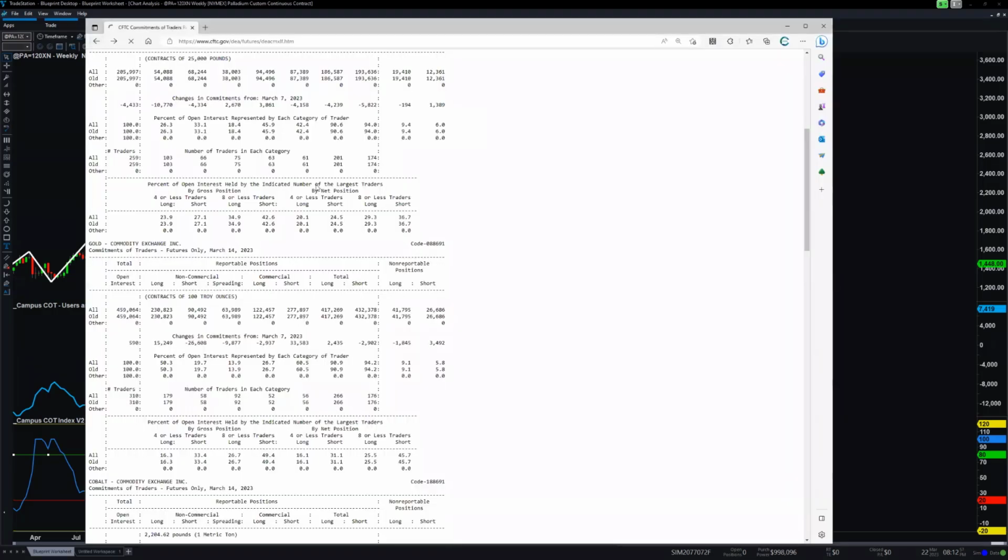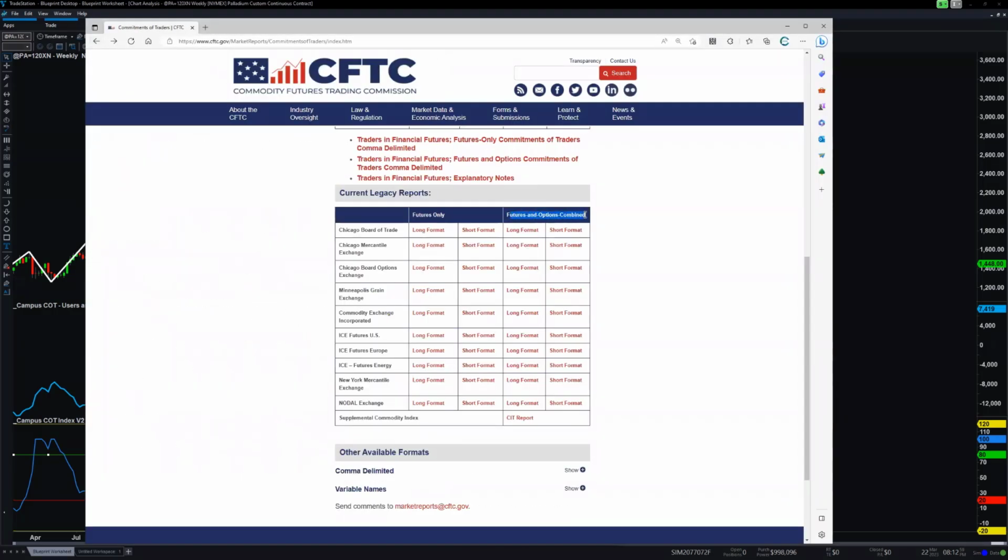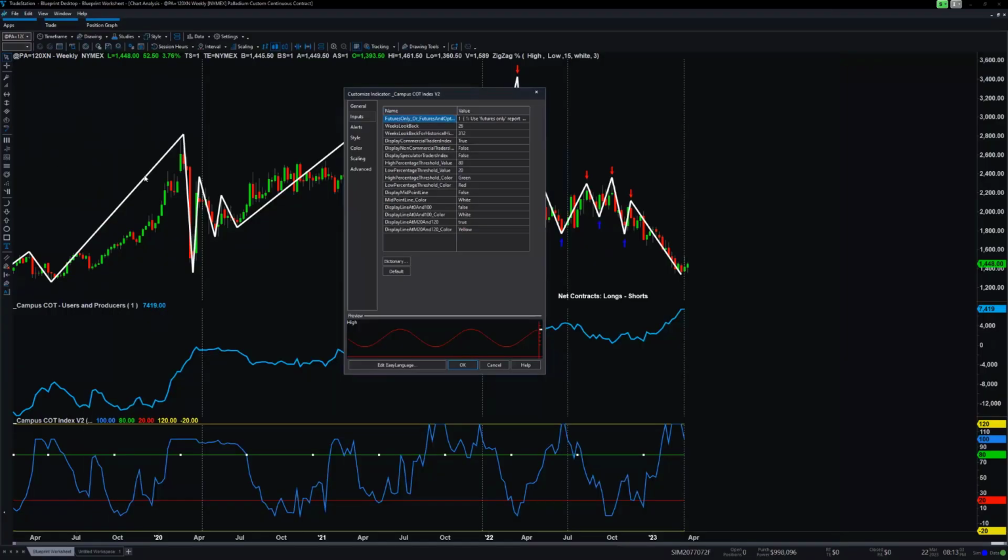And that's just the legacy report here, futures and options combined. So that may be slightly different. For our sake of doing the analysis, we don't need options, we just need futures, and hence we leave a 1 there to go for futures only.